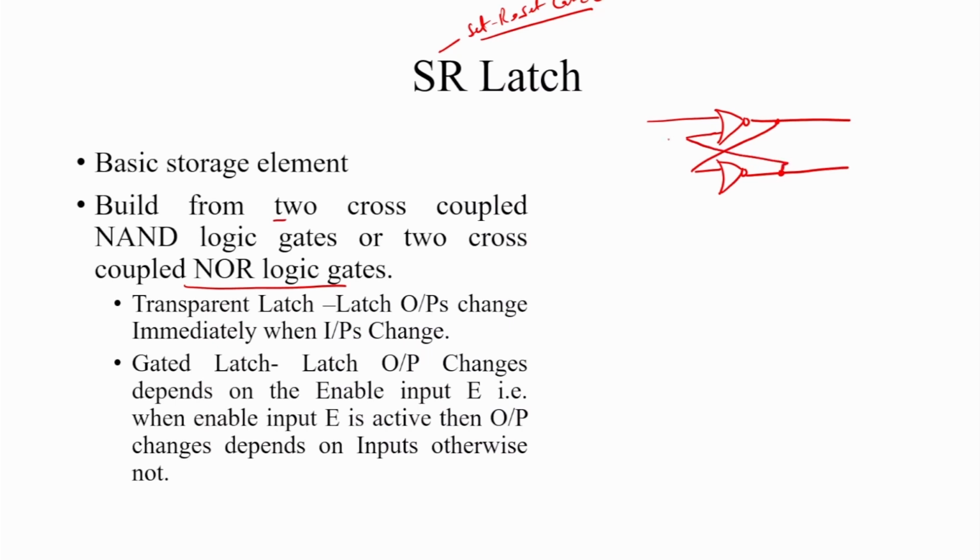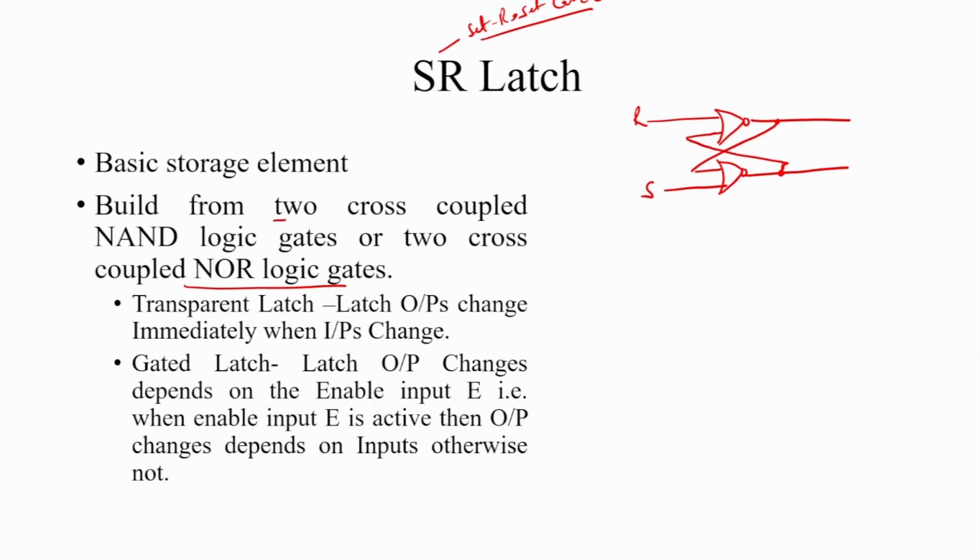The other input of the first NOR gate is provided as R, and the other input of the second is provided as S.